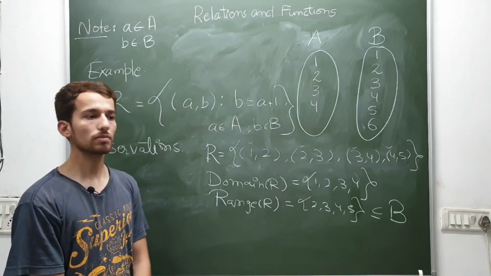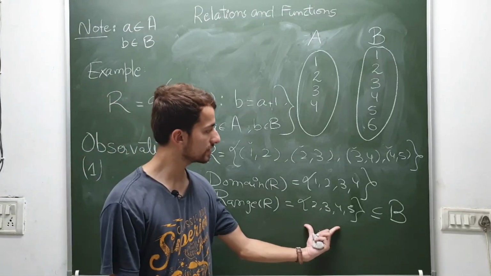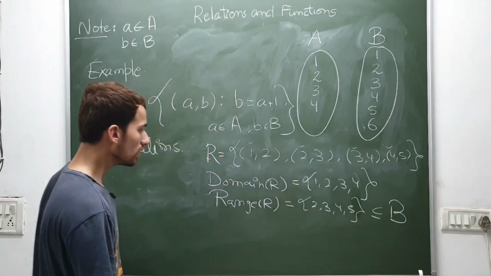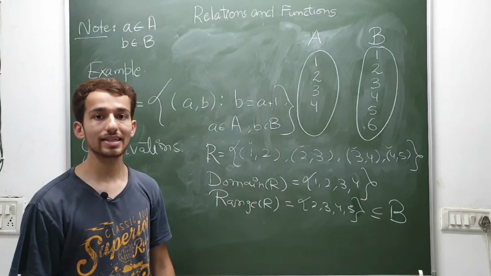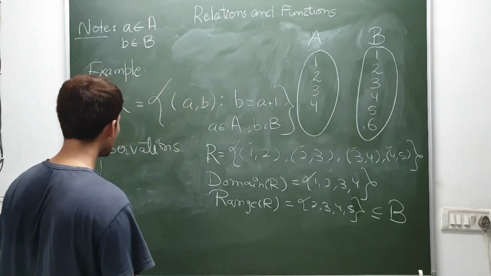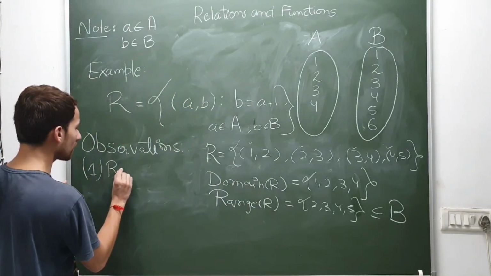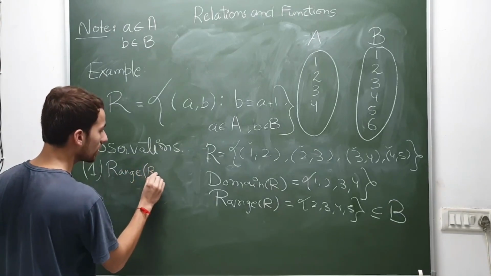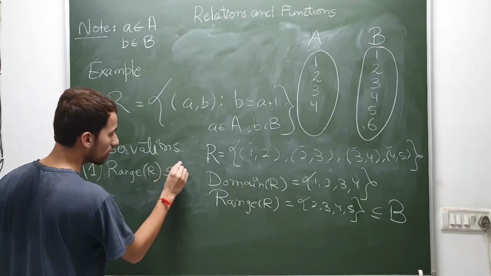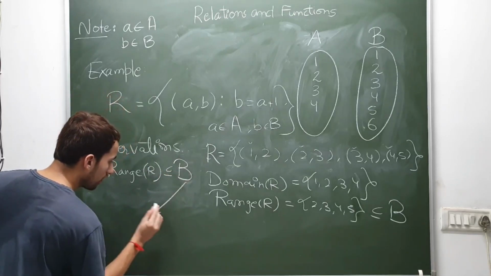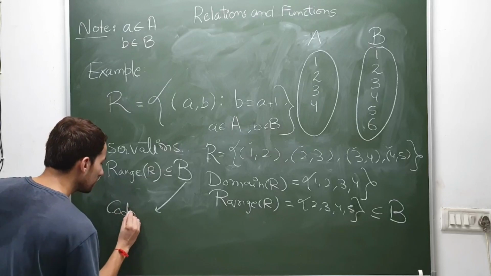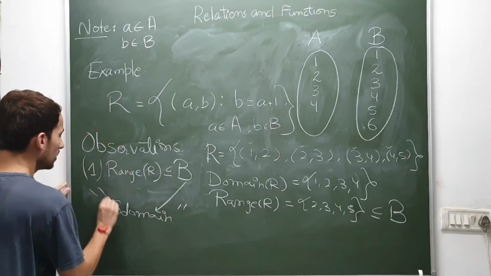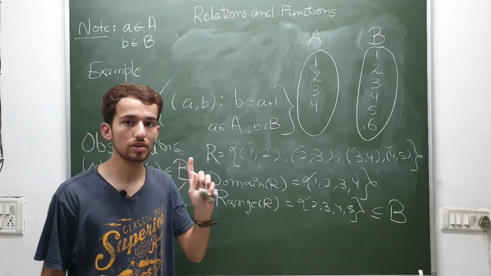Yes, we can of course write it, because the set is a subset of the original set B. This is true here, but it is also true in general. The range of a relation R is always a subset of the codomain. This is the observation which we made. So range is always a subset of the codomain.